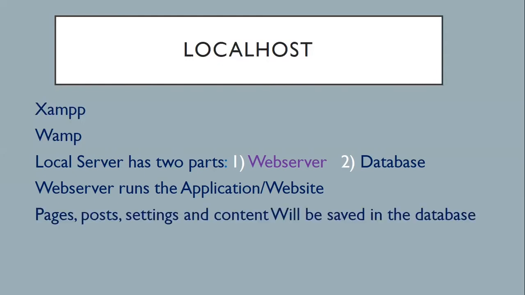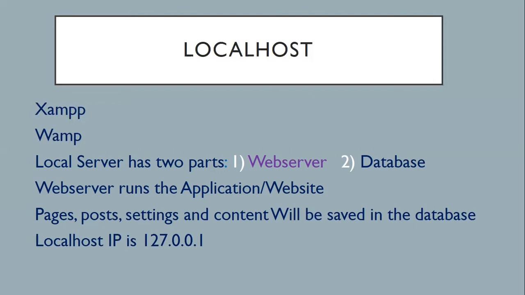Pages, posts, settings, and content data will be saved into the database. So the server will be used to run the website and the database will be used to save the content of your WordPress website.